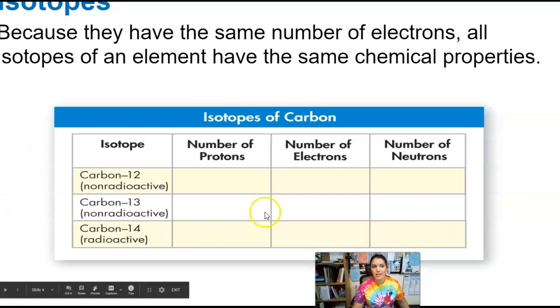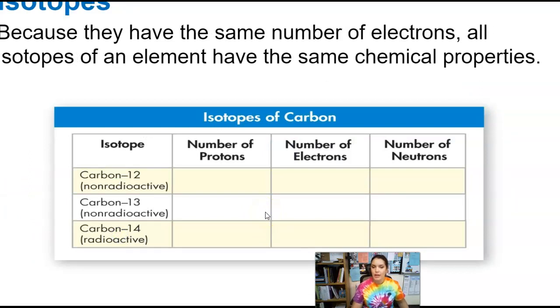All right, and what is an isotope? Isotopes have the same number of electrons. All of the isotopes of an element have the same chemical properties. But what is going to be different about them?